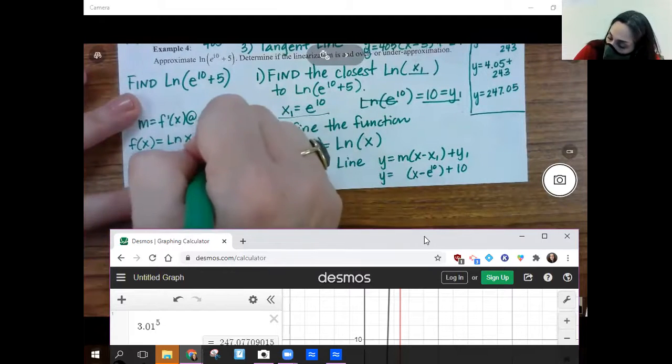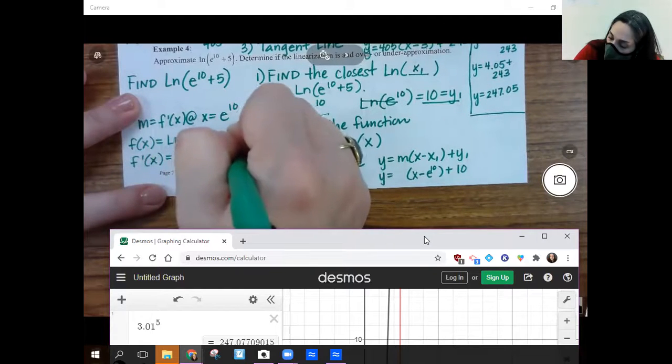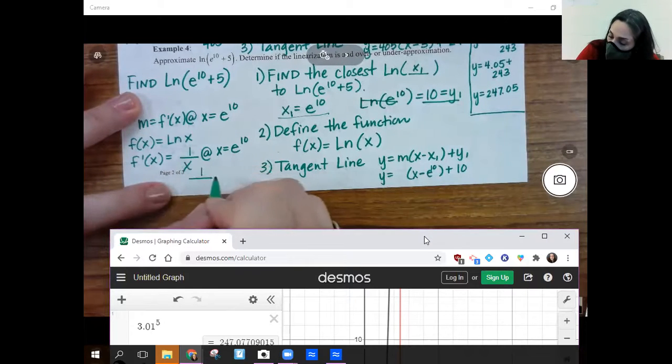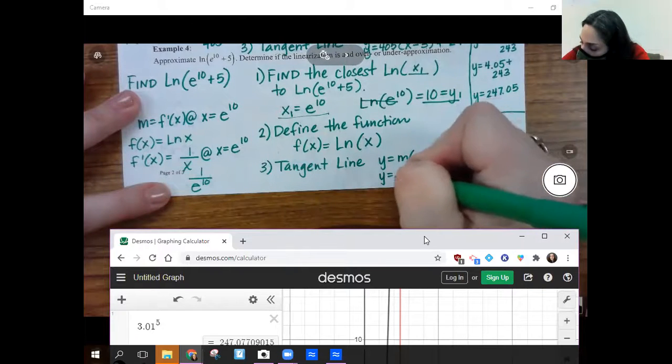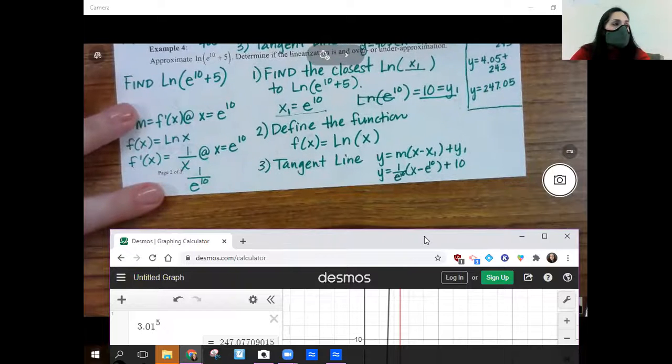So if you evaluate that at x equals e to the 10th, this becomes 1 over e to the 10th. Okay? We put that in right here as your slope.